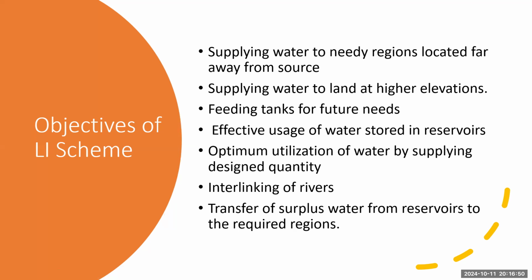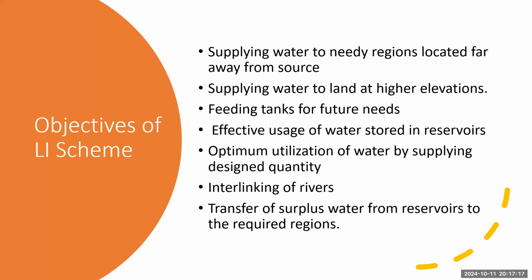Now, this lift irrigation scheme is also used to feed tanks for future needs. Suppose there is a drought-prone area where there is a scarcity of water. In that case, these feeding tanks are filled with the help of the lift irrigation scheme, and the need for water in case of scarcity in the summer season can be fulfilled.